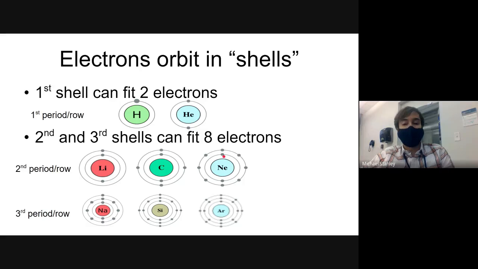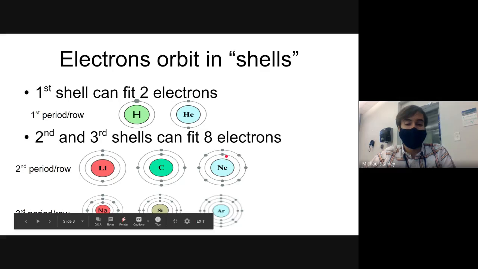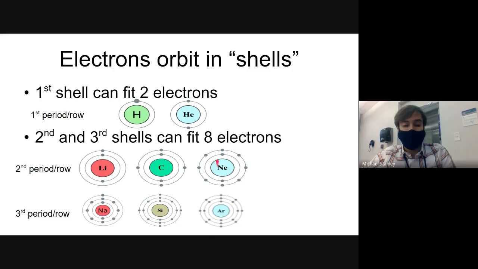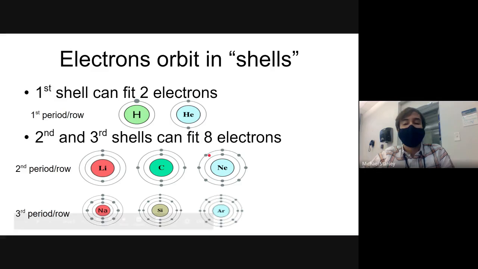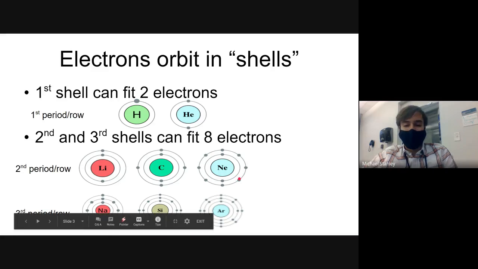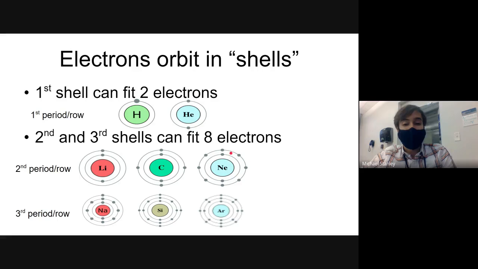We can put the first 2 electrons, number 1 and 2, on the first shell, and then electrons 3, 4, 5, 6, 7, 8, 9, and 10 go on the second shell. So 2 on the first shell and 8 on the second shell give us 10 total electrons.